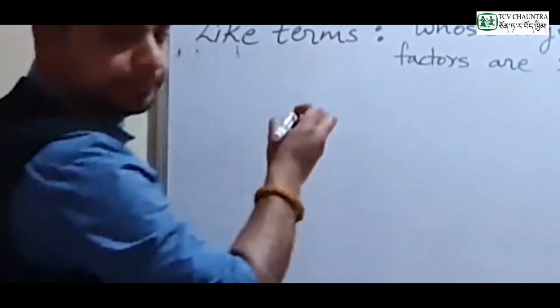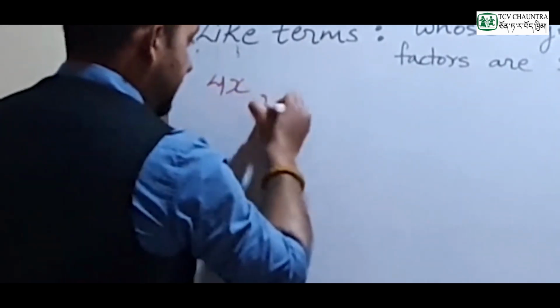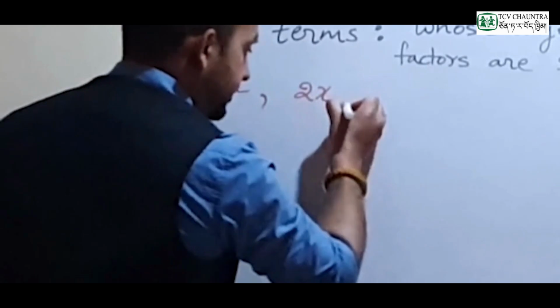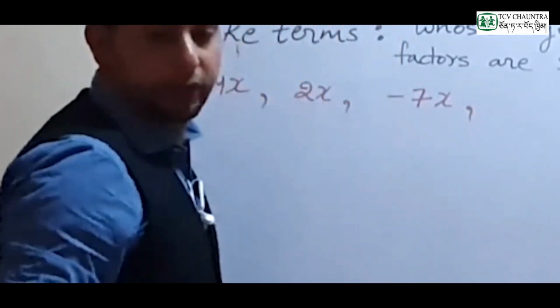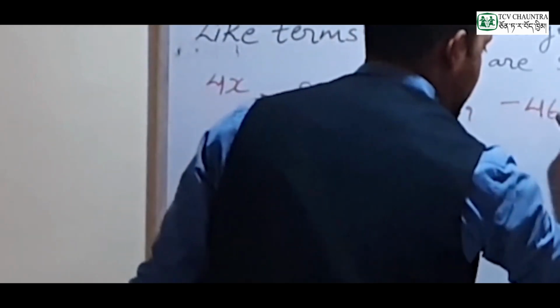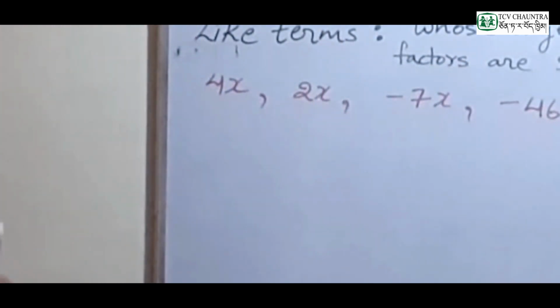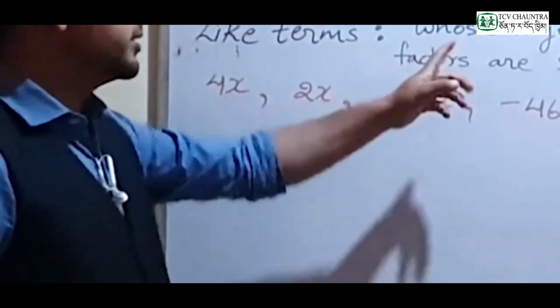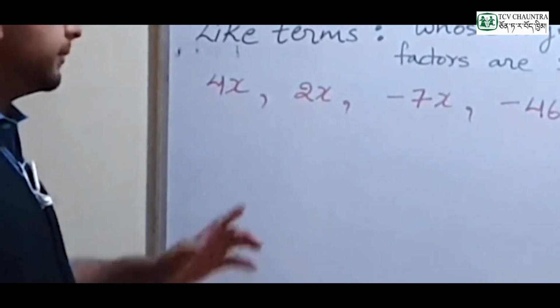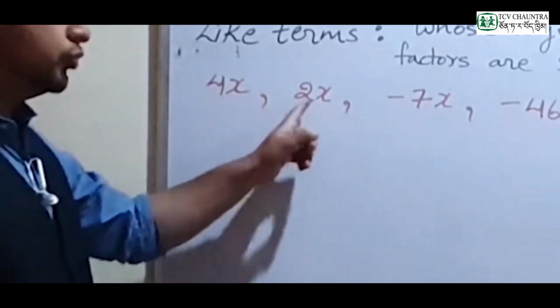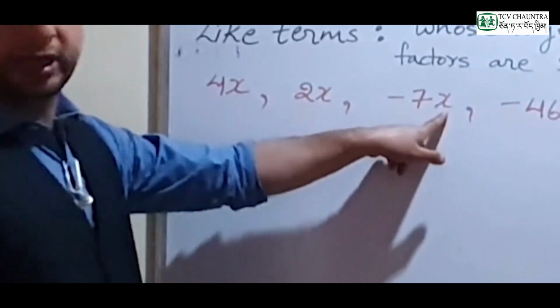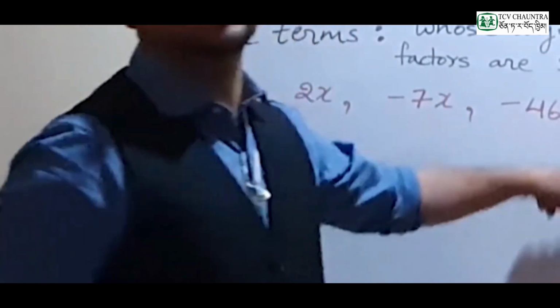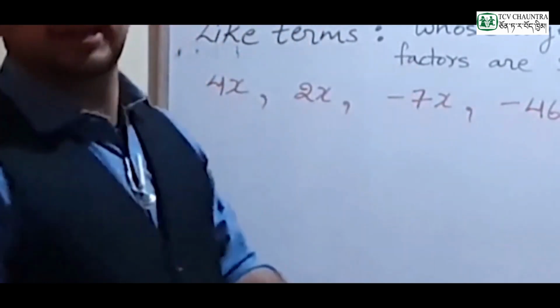Let's see, if you have terms like 4x, 2x, negative 7x, negative 46x, all these are like terms. Why? Because the variable is same, right? Whose algebraic factors are same means whose variable is same. See, 4x variable is x, 2x variable is x, negative 7x variable is x, negative 46x variable is x. So these are like terms.